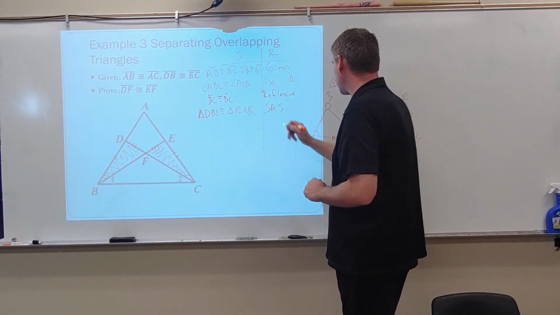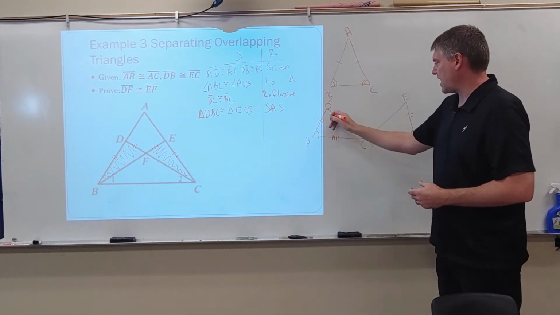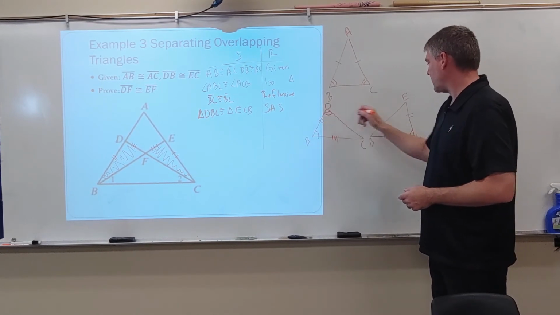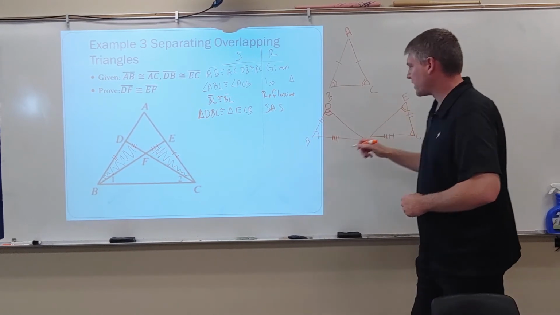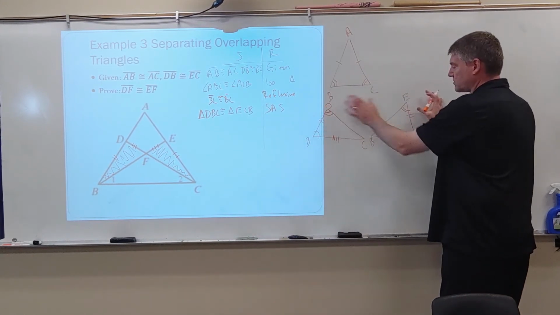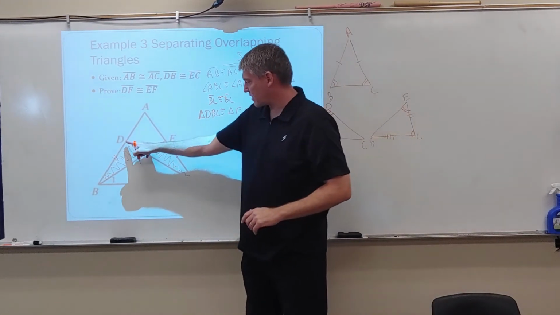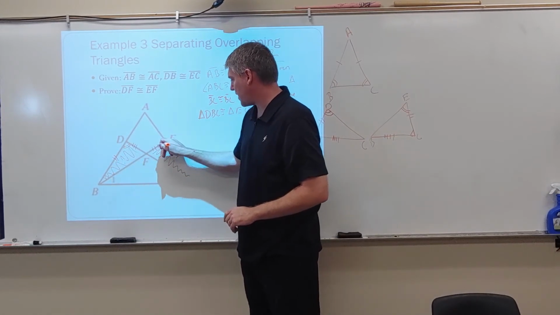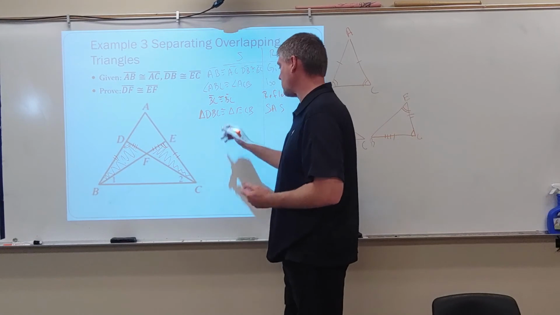Side, angle, side. Well, the good thing about that is now I'm given that this angle here is congruent to angle E. So I can't just use angle D and angle E, but I'm looking at this angle here and this angle. So I know that these two angles now are congruent. Okay?